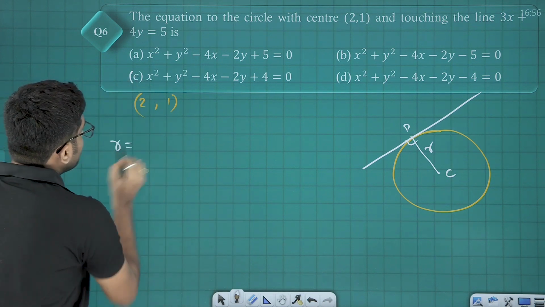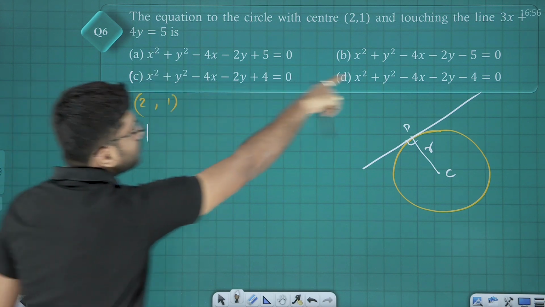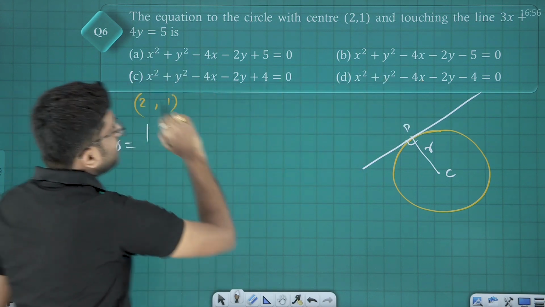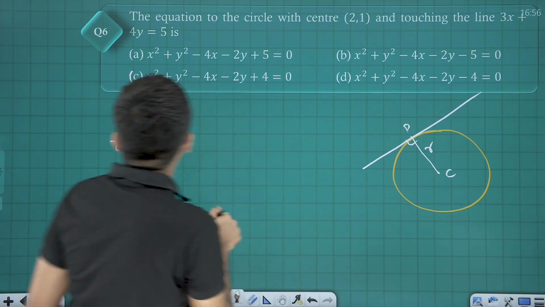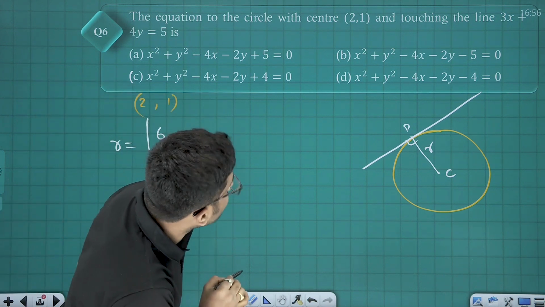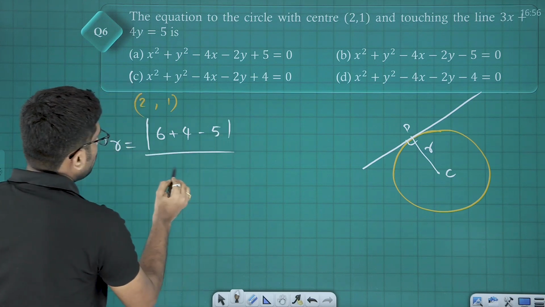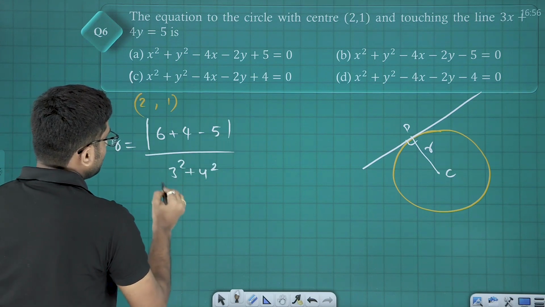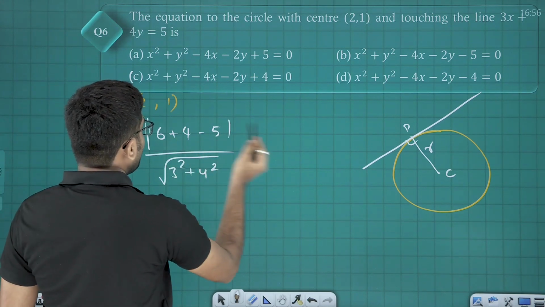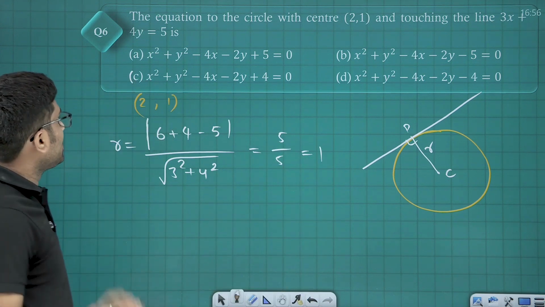So R is equals to, now mod of, substitute, find the perpendicular distance from center to that line. 3 2s are 6, mod of 6 plus 4 into 1 plus 4 minus 5 divided by root over 3 square plus 4 square. 6 plus 4 is 10, 10 minus 5 is 5, 5 by 5, which is 1. So radius 1, center 2 comma 1.